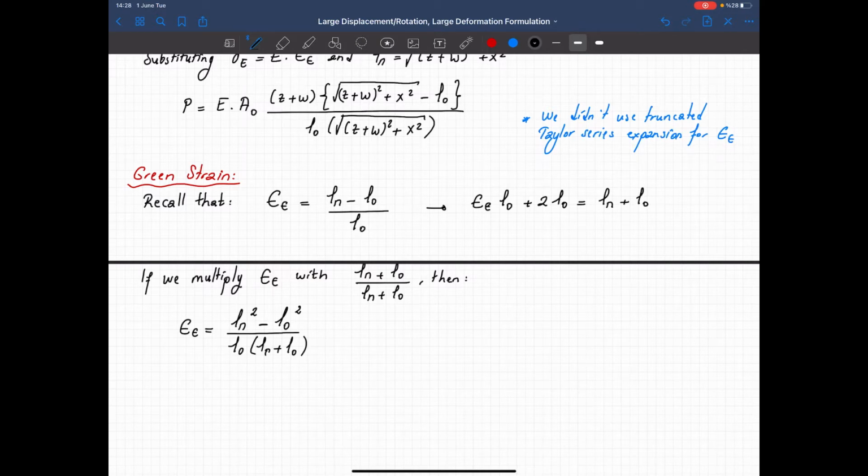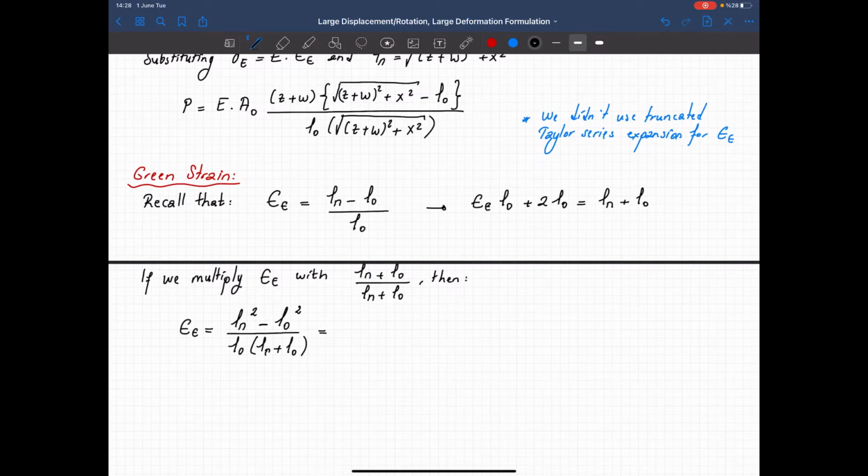Okay? Why am I doing all these? Because I didn't like the square roots here. So I'm trying to find a way to get rid of these square roots. So that's why I'm playing with the numbers and trying to increase the degree of the strain definition. Okay?